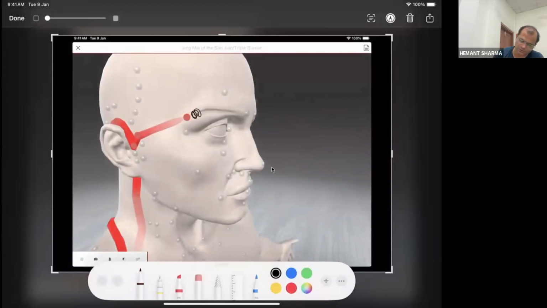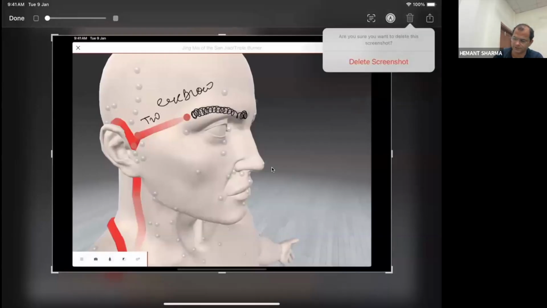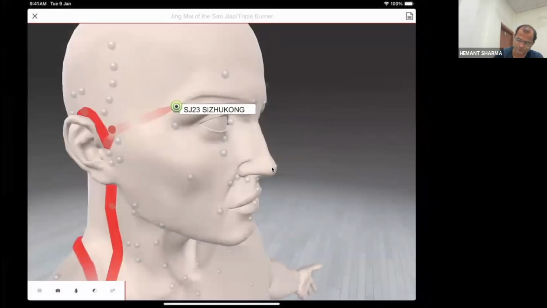So this is the triple warmer meridian at the level of eyebrow. This is the point of the triple warmer meridian. ये हमारे ट्रिपल वार्मर मेरिडियन का पॉइंट है. ट्रिपल वार्मर 23 or Sizhukong 23.